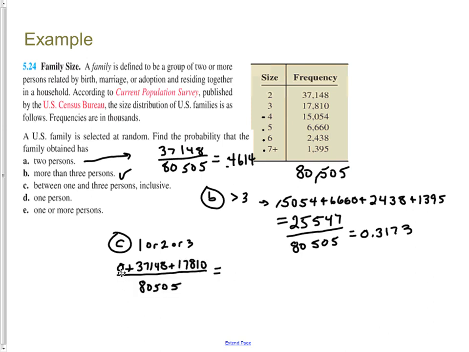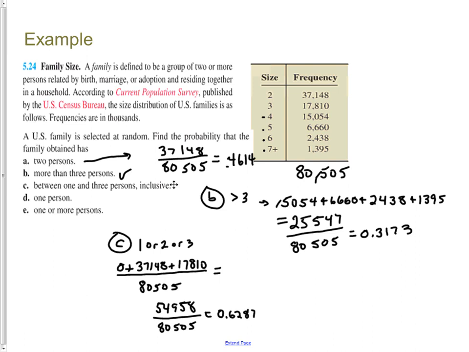So if we add 0 families that have 1, 37,148 that have 2, and 17,810, and then divide that all by 80,505, here's what we'll find. 54,958 divided by 80,505, or 0.6287.